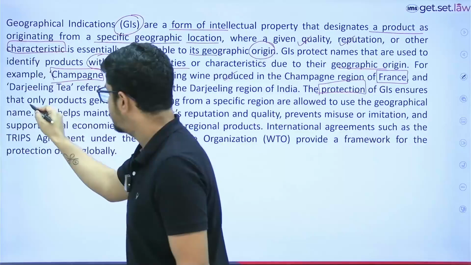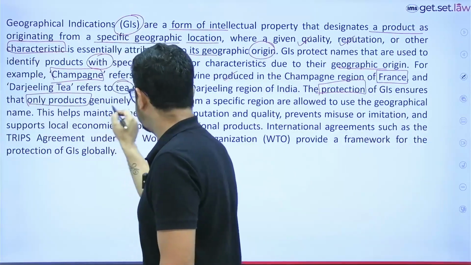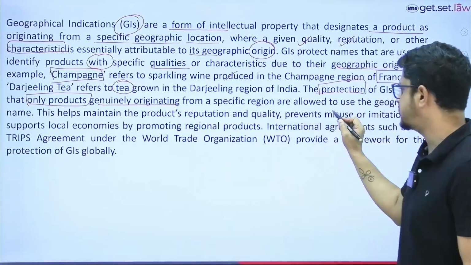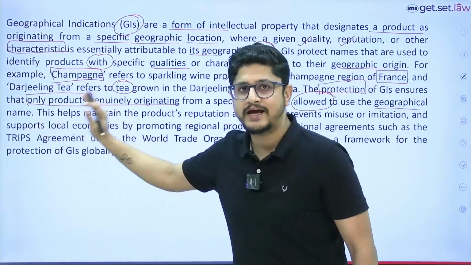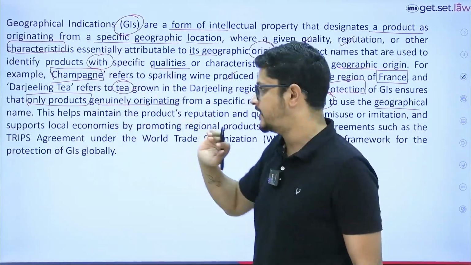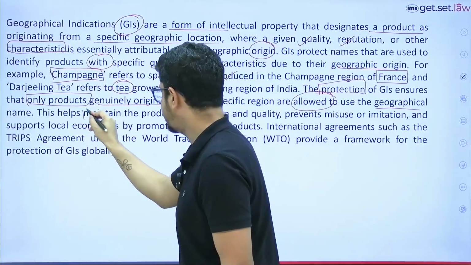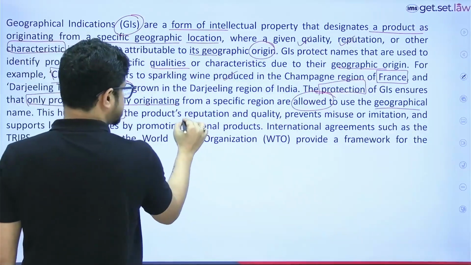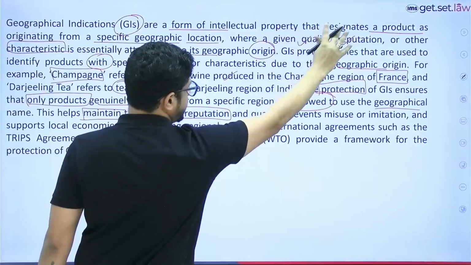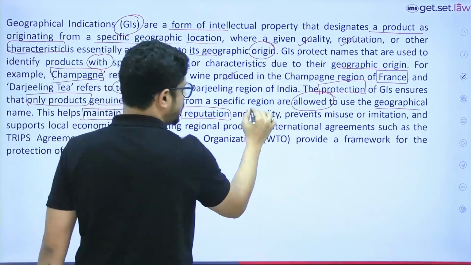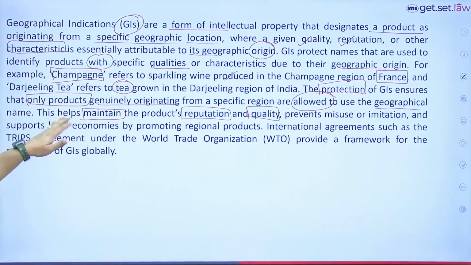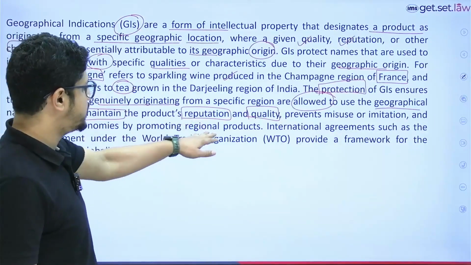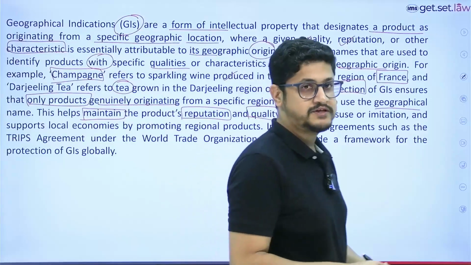To ensure that only products which are genuinely originating from a specific region are allowed to use these geographical names, else it will be violative of GI tags. This helps to maintain the product's reputation, quality, prevents misuse and imitation, and supports local economies by promoting regional products. Local economies means the local vendors.